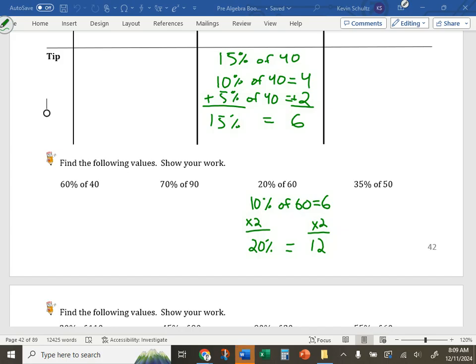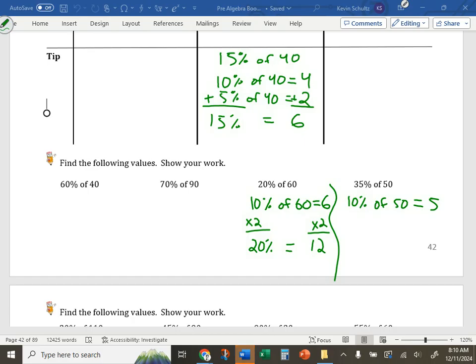Trying this with that 35% of 50, okay? Again, we're going to start with 10% because that is easily computable. What is 10% of 50? 5, right? It goes into 50 10 times. 10% of 50 is 5. But we've got to get up to 35%. So this is kind of multiple steps, but I think we can get there.